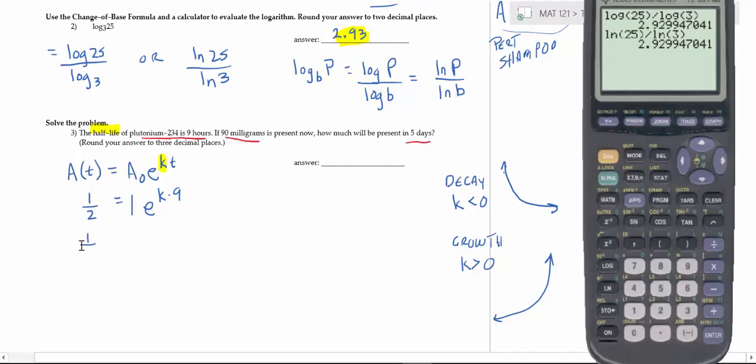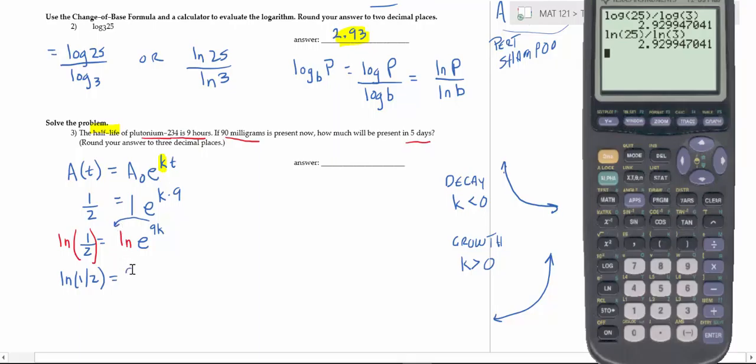So again, what we have is 1/2 is equal to really e to the 9k. This is an exponential equation, so we're going to take the natural logarithm of both sides, taking advantage of the fact that that base is e, we want to use ln, and then this is going to be ln of 1/2, which we'll leave alone for the time being.